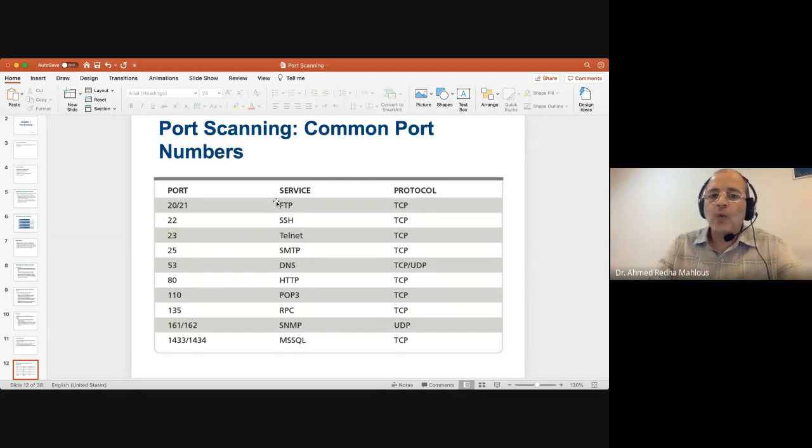Now, when I have an HTTP service listening to port 80, it is waiting to receive something, like being in standby. When you enable HTTP, it will always try to listen to port 80.